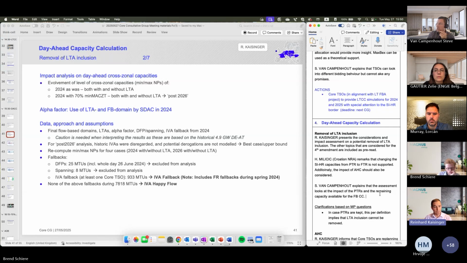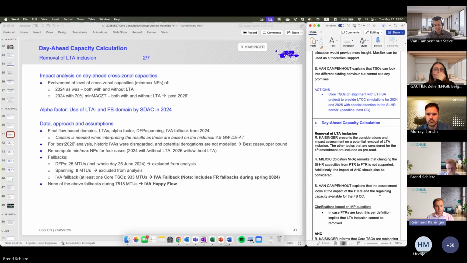As a second batch of analysis, we looked into the alpha factor, one of the outputs of Euphemia that tells us what share of the LTA domain or flow-based domain has been used in the allocation and was present in the market clearing point. For the data set itself, we used flow-based domains, LTAs, alpha factors, IVAs from 4 in case of IVA fallback, as well as DFP and spanning.